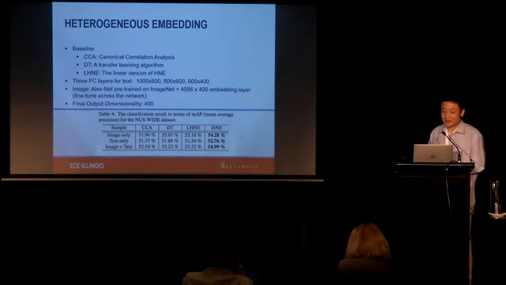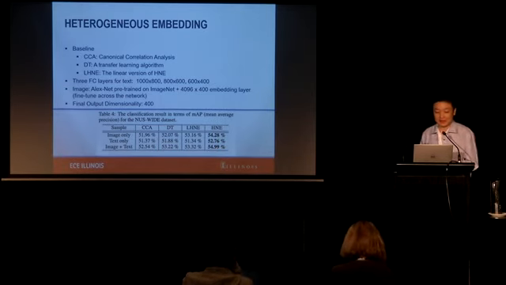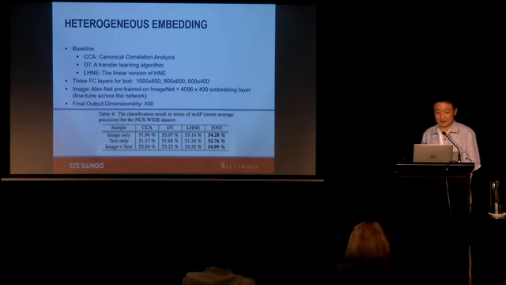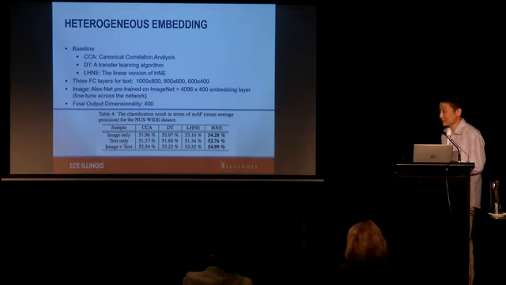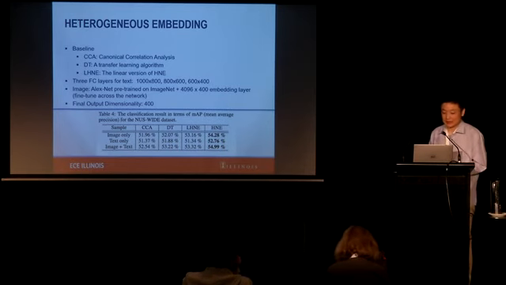Okay, now we go to this cross-modality setting. On NUS dataset, there are images, and it's a very rich data set. There are images, there are text, and there are additional multi-labels on those things. So here we just use the correspondence between image and text as the cross-modality links.